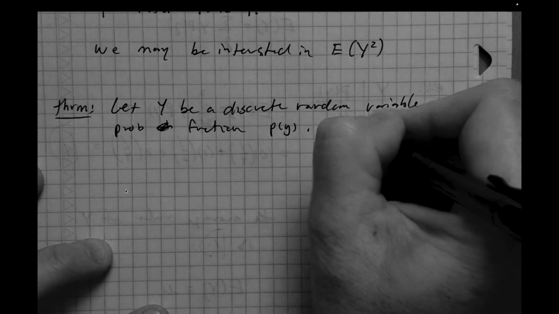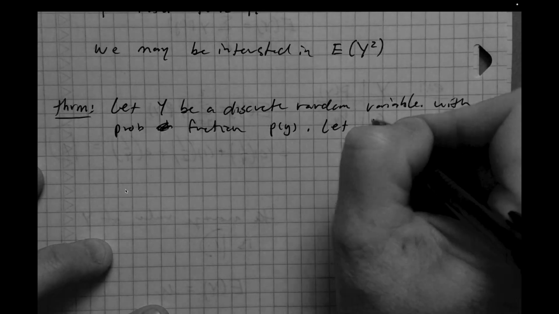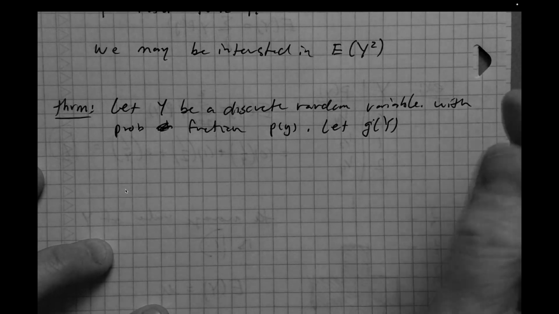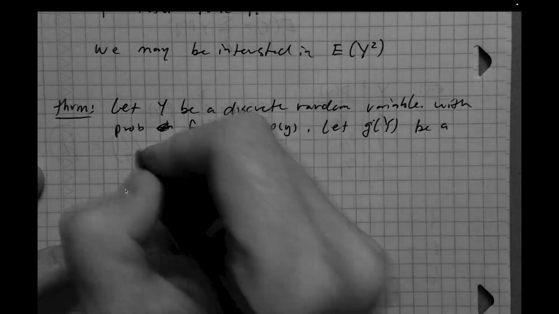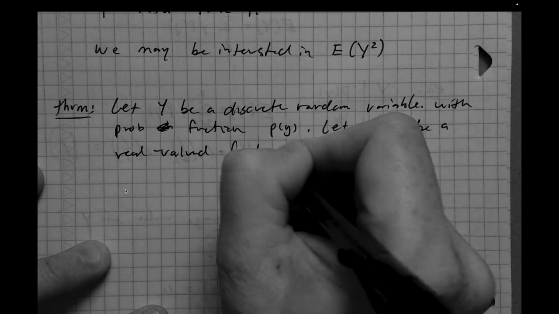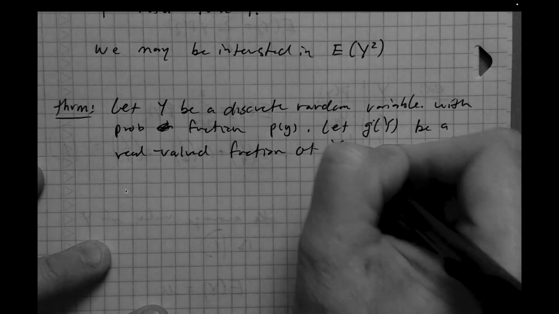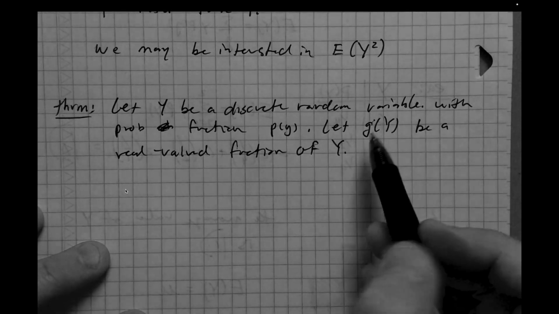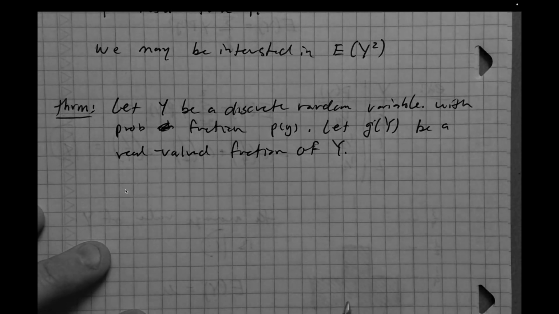And then let g of y be a real valued function of y. Right, so I've got a random variable y, and I've created a new function g that incorporates that variable.